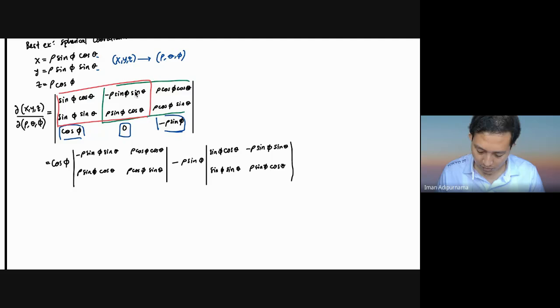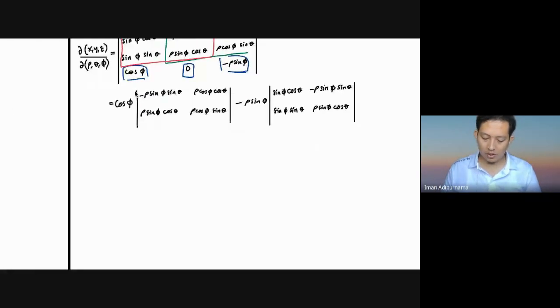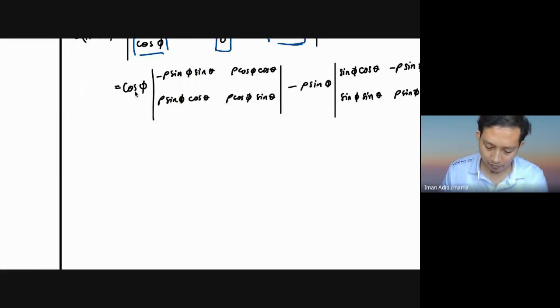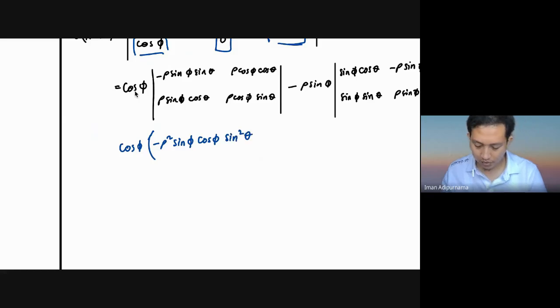It takes a while, but it's not too difficult. It takes some writing, a lot of writing here, but it's not that difficult. So let's write the determinant is negative rho squared sine psi cos psi sine squared theta.